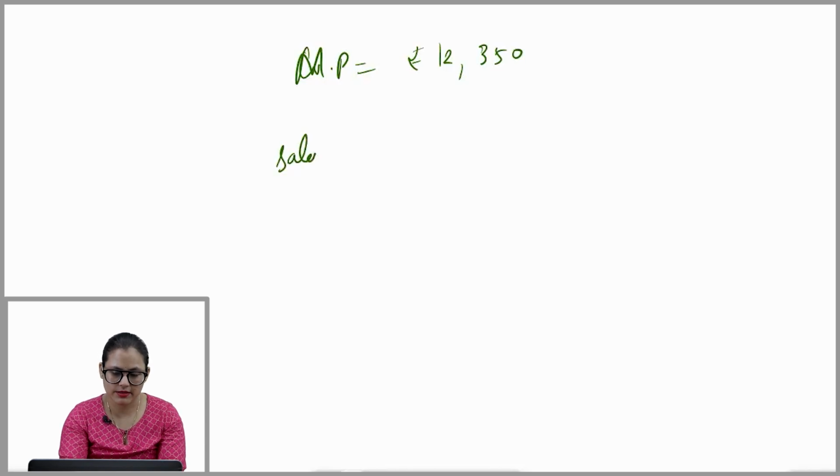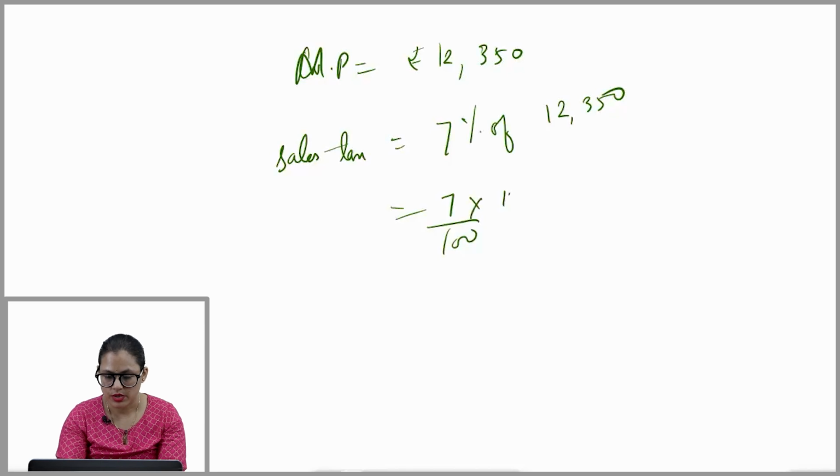Sales tax is how much? 7%. So 7% of 12,350. So 7 upon 100 into 12,350. Okay, 0, 0 goes.